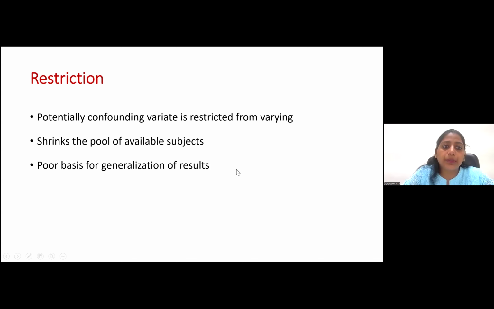The idea here is that above 50, the risk of cardiovascular disease is much higher, so more people are likely to have that. So let's just focus on 30 to 50 years age group to look at what is the risk of acquiring cardiovascular disease. But what happens is it shrinks the pool of available subjects, right? And we may not be able to generalize the risk population other than what has been studied.